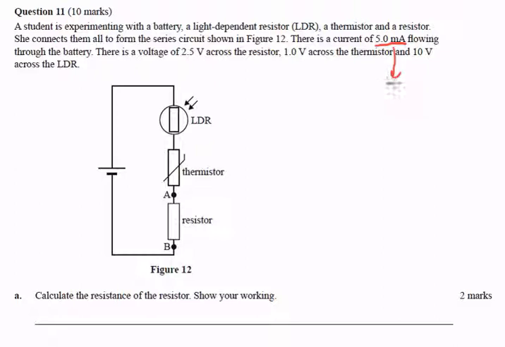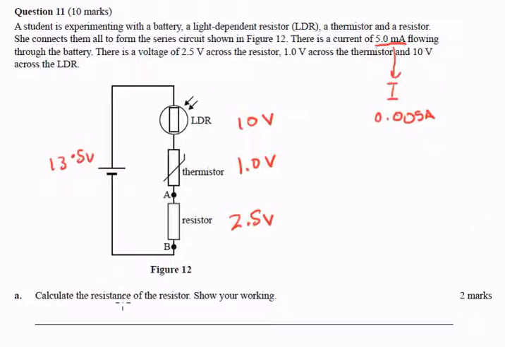That's the current, but I'm going to put that into amps, so it's ready to go: 0.005 amps. We've got a voltage of 2.5 volts across the resistor, 1 volt across the thermistor, and 10 volts across the LDR. So that's 13.5 volts from the battery.